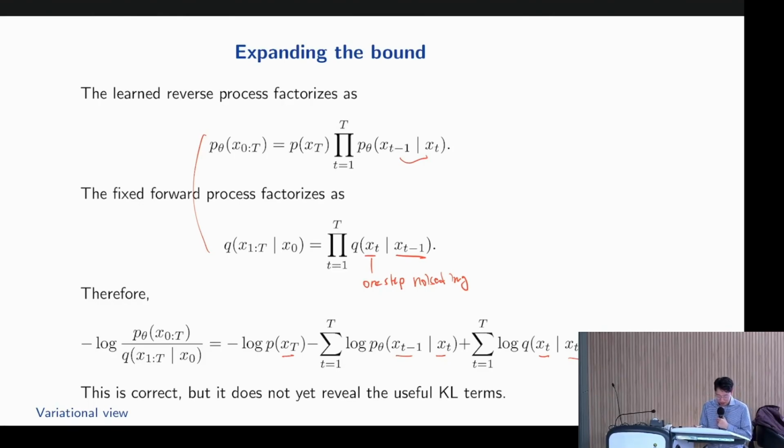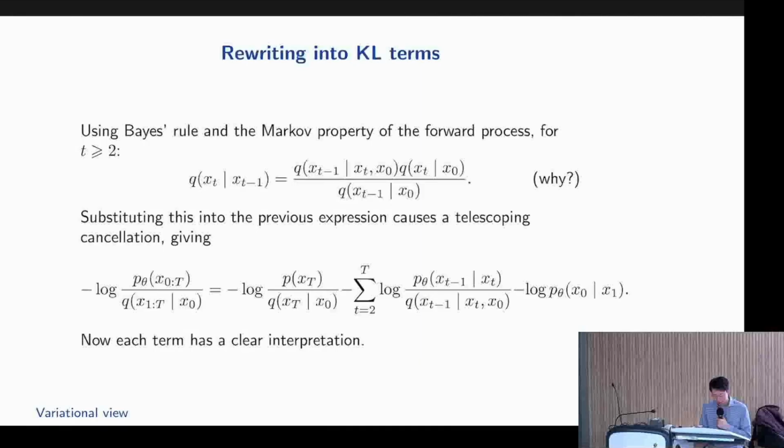So here we're going to massage the equation just a little bit. So using Bayes' rule and the Markov chain property for the forward process, we have this relation: Q of xt given xt minus 1 is the expression on the right hand side.